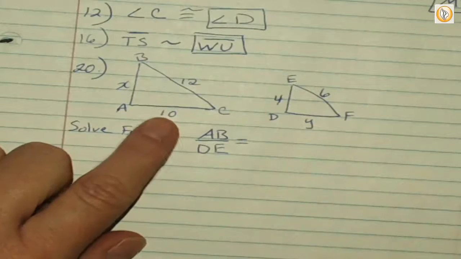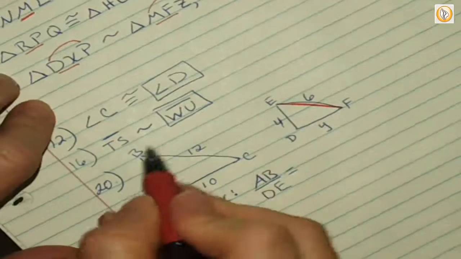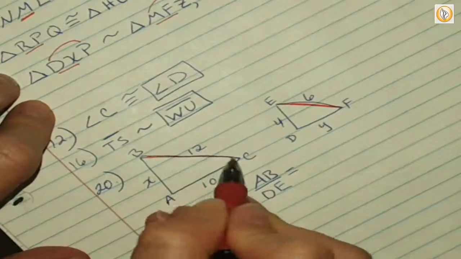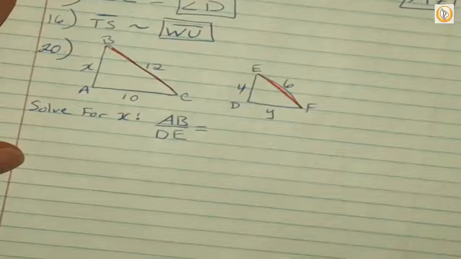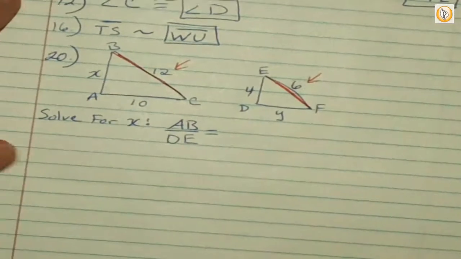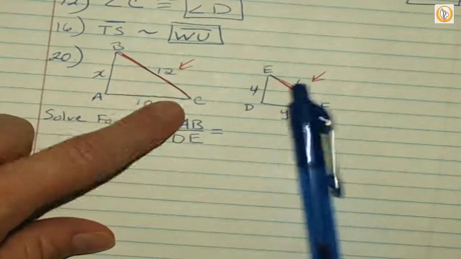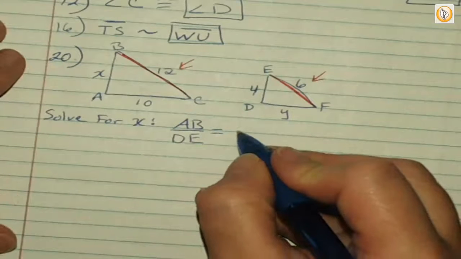The only sides that I can choose to do any comparing are those two sides. Those are the only ones with measurements. We can't choose these to compare. Do y'all see that? So what goes on top, Izzy?